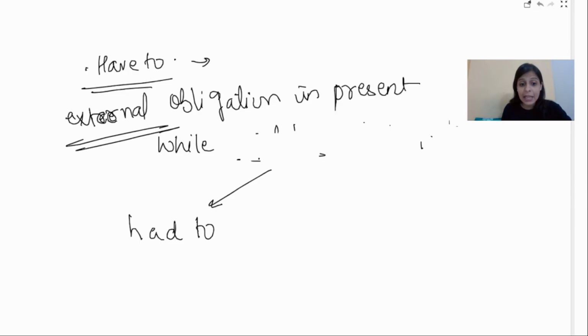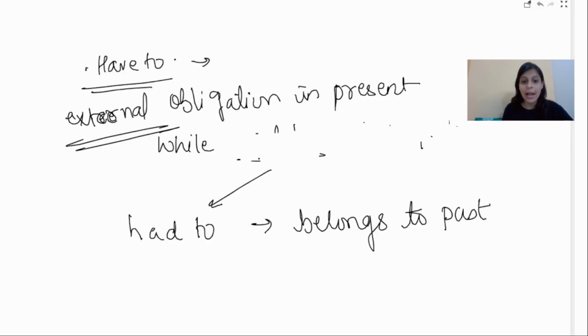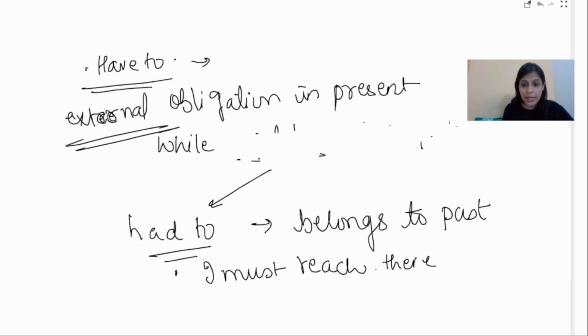It is again used to describe something that belongs to the past. I'll give you examples for have to and had to. For example, I must reach there in time. It is used to describe something in the past that happened, and you have an obligation also.